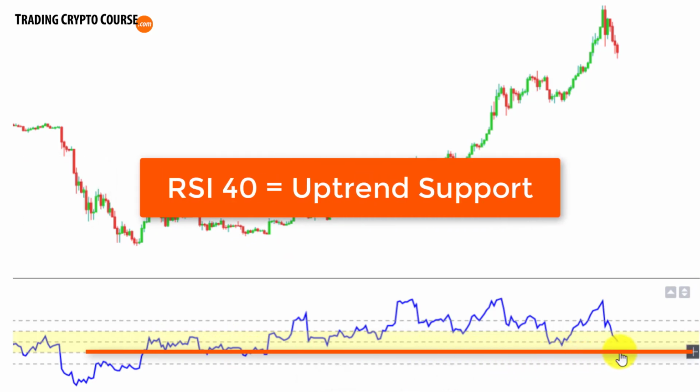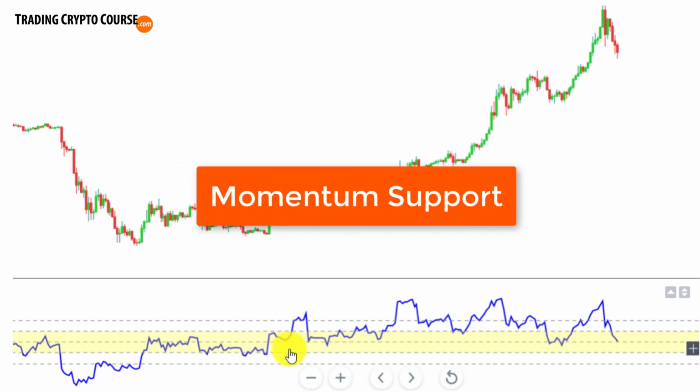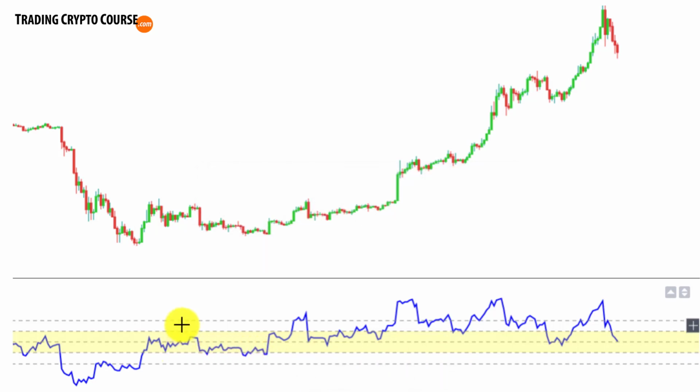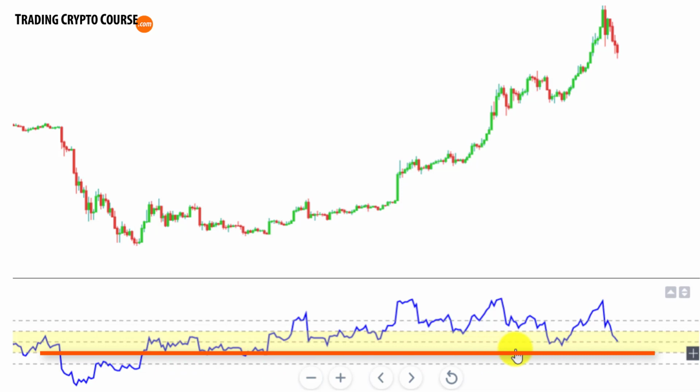So when it breaks below it and stays below 40, it actually broke below a momentum support line. 40 for me in an uptrend is the momentum support line, and in a downtrend, subsequently, the RSI 60 line is the resistance line. So when it stays below the RSI 60, we are still in a downtrend, and when it stays above RSI 40, we are still in an uptrend.